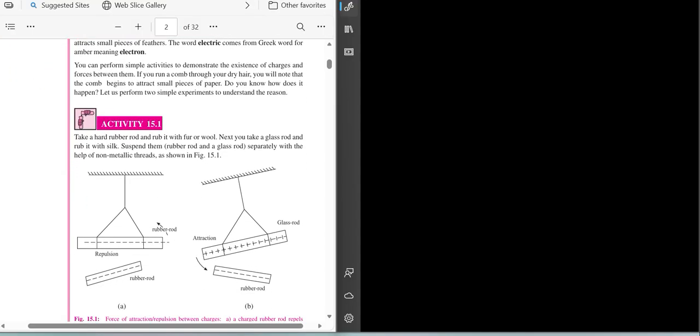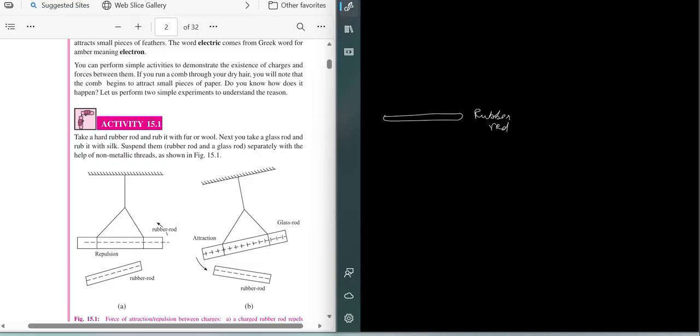So two simple experiments we can perform. Let us say we take a rubber rod. Let us rub this with wool or fur. What happens is this rubber rod becomes charged. How do we know that?